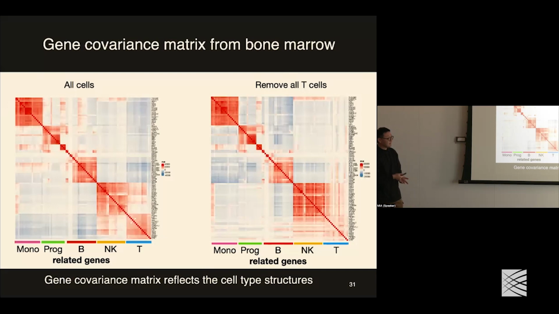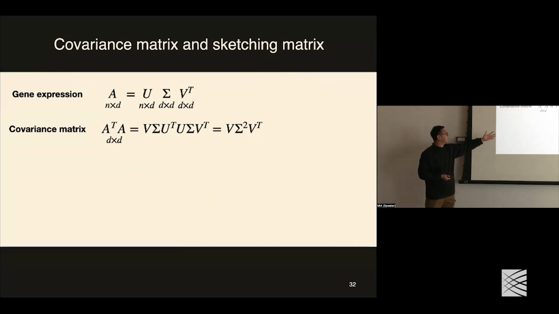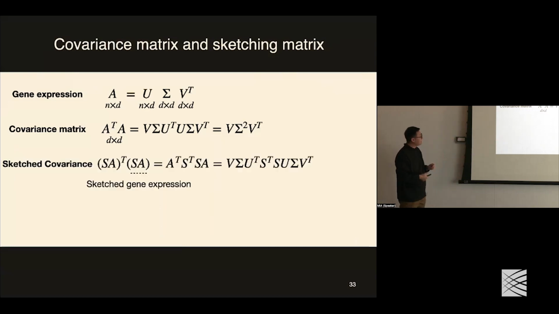Then, this is how we calculate it. Assume this matrix is centered. The easiest way to calculate the gene covariance matrix: here is a matrix A, the rows are cells, the columns are genes. We can do the SVD, then calculate the gene covariance matrix as A transpose A, which is genes by genes. Then we get V sigma squared V transpose. We can do the same thing for the sketch data.